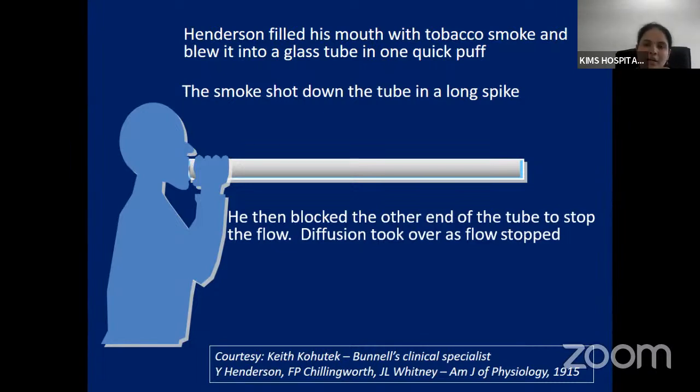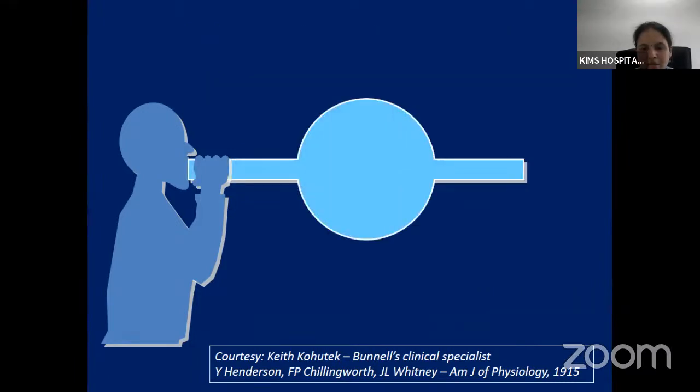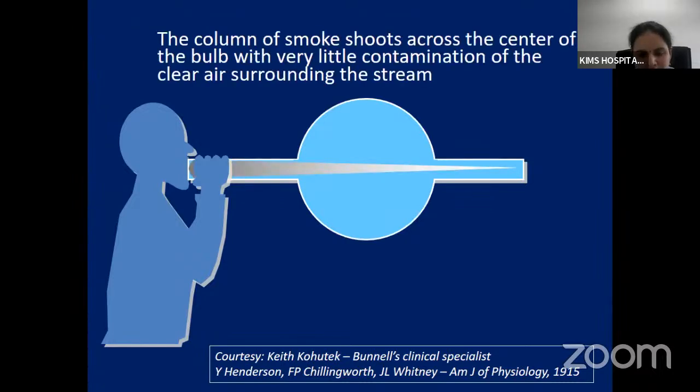Whenever the expiration process begins, or when the inspiratory flow of gases is stopped, the molecules of fresh gas disperse effectively within the tube, which is the windpipe or the airway. This was true even when the gas was streamed across a tube which has a central bulb-like swelling in the center.